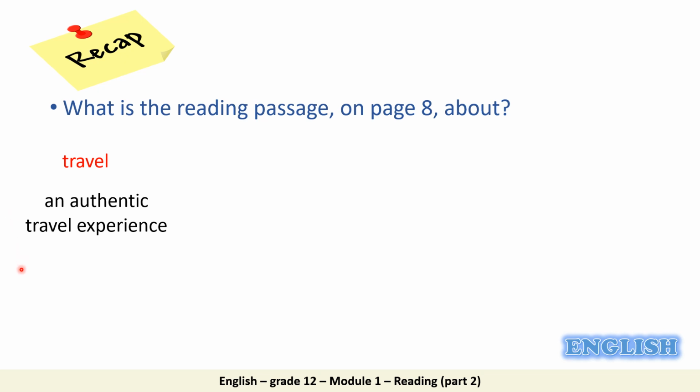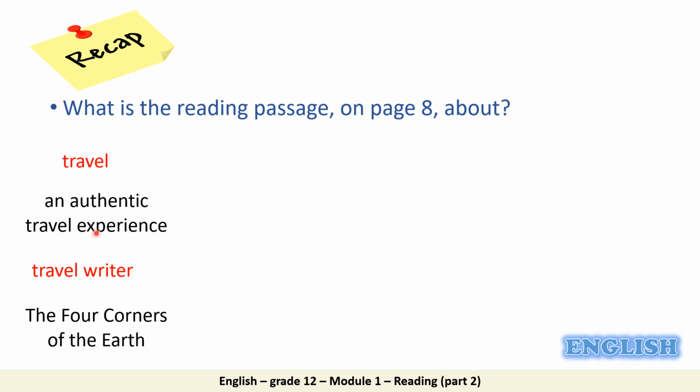Do you remember who the writer of the passage is? Great job! He is a travel writer and his name is Anthony. Anthony is working for a magazine called The Four Corners of the Earth.